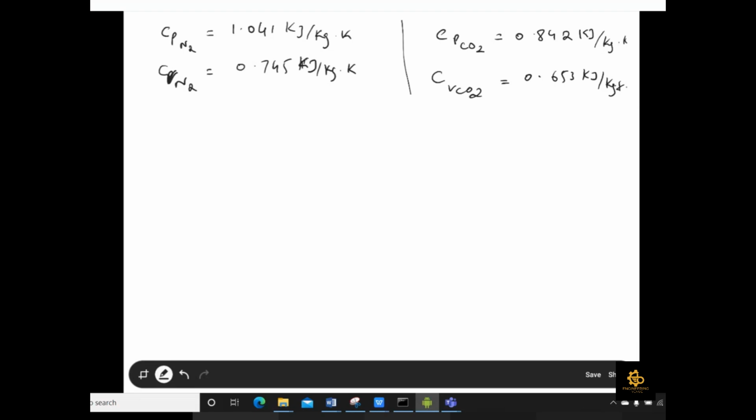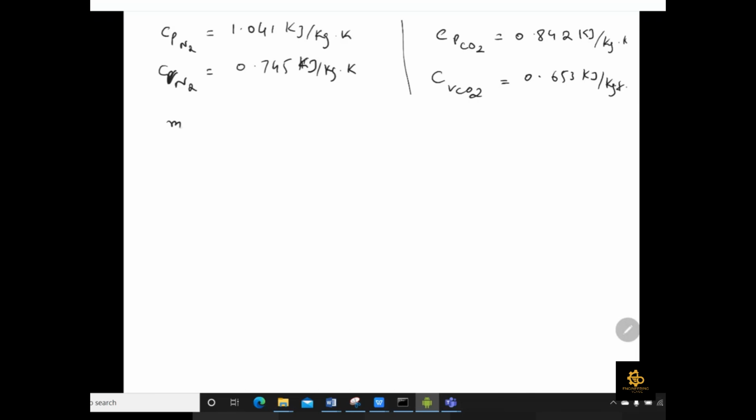Okay, so now from the data, we already know that the mass of N2 is mentioned in the problem statement, which is 4 kg. Similarly, the mass of CO2 is also mentioned in the question, which is 6 kg.